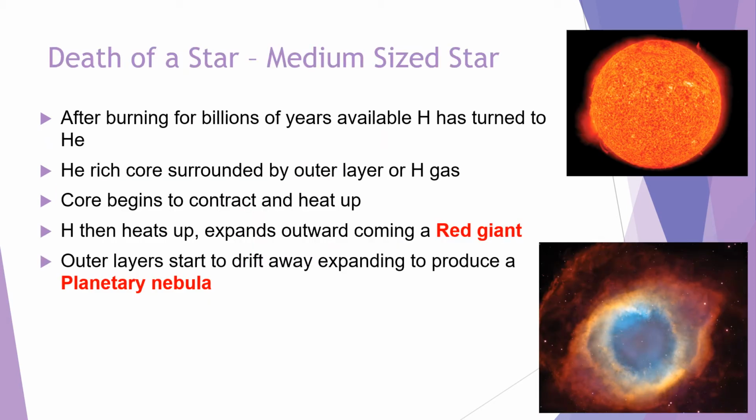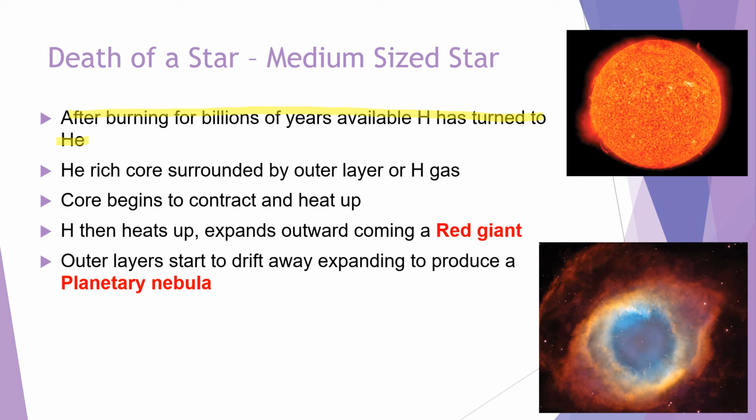Okay, so first we're going to talk about death of a star for a medium-sized star. Okay, so there are different steps involved in medium compared to large-sized star, or low-mass star is like a medium-sized star. So after burning for billions of years, available hydrogen has turned to helium. Okay, so remember we said nuclear fusion occurs, and that's where hydrogen atoms fuse to form helium atoms.